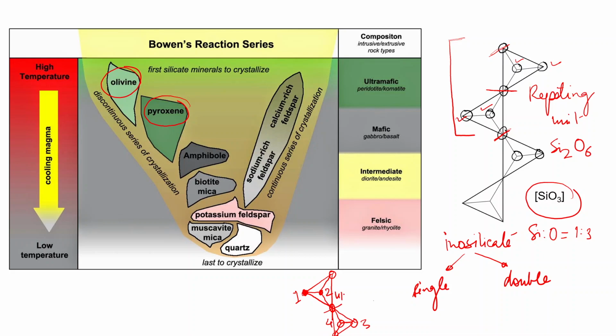This will be 4.5. This will be 5. This will be 5.5. And this over here will be 6. So we have 2 silicon and 6 oxygen. So it will be Si2O6 or SiO3, and the ratio would be 1:3. I hope you understood this.